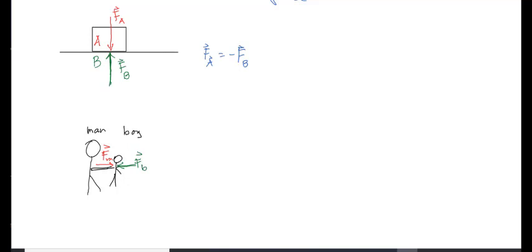But according to the third law, the boy pushes exactly as much on the man as the man pushes against the boy, no matter how strong the man is in comparison to the little boy. The force exerted by the man is still equal to the force exerted by the boy, but in exactly opposite direction. This is the third law. Indeed, forces come in pairs, equal and opposite.